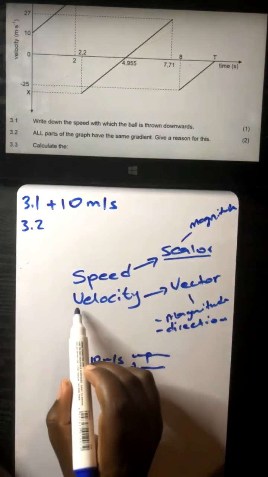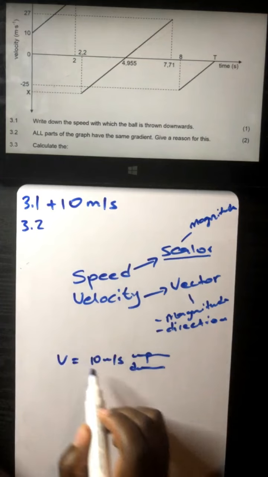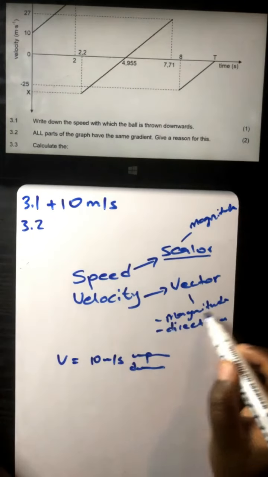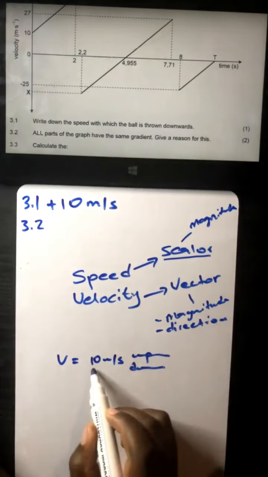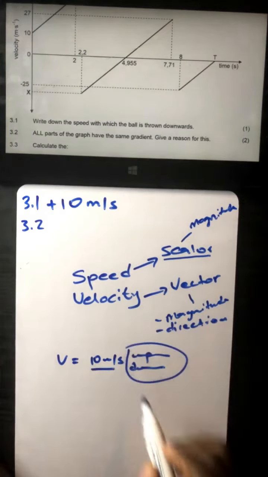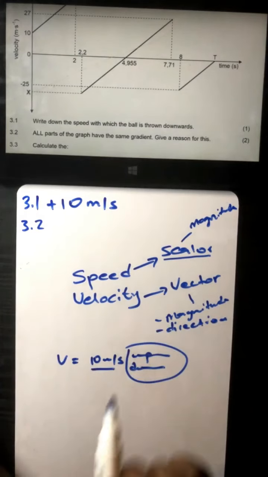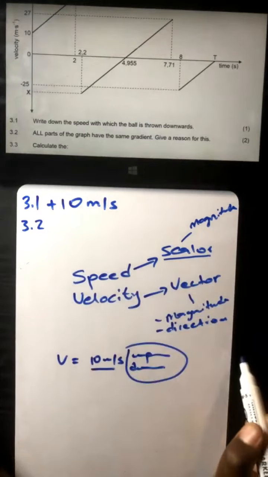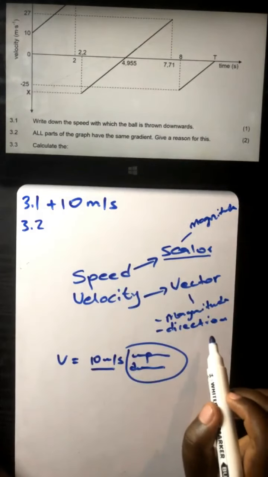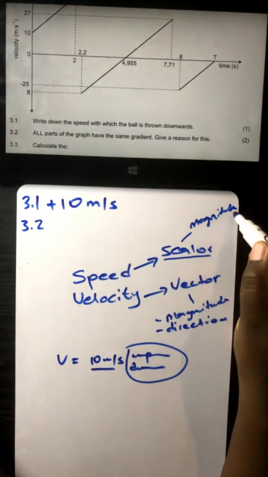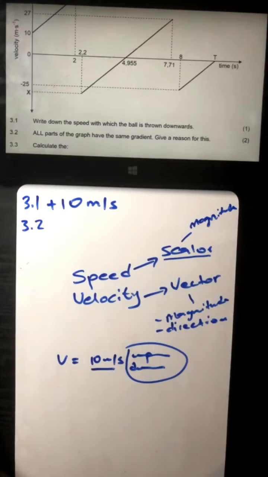Why? Because velocity is a vector quantity. It has the magnitude or the value, which is 10, and direction, which could be upwards or positive. But if it's a speed that the question wants you to calculate or determine or write down, you can just give the magnitude, no need for direction.